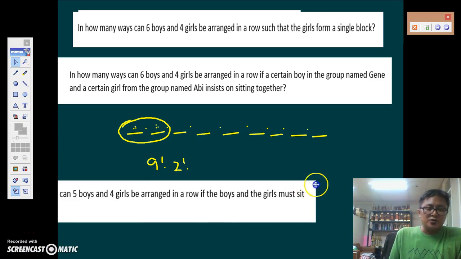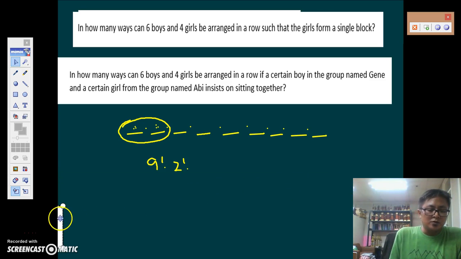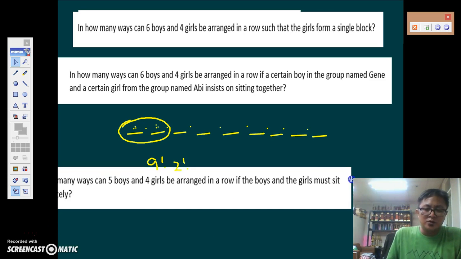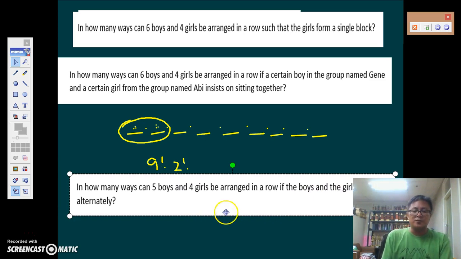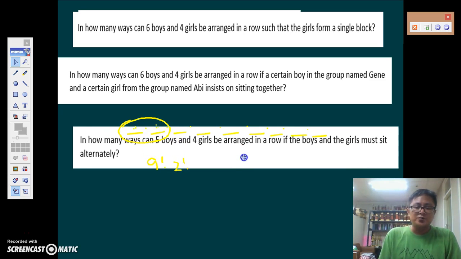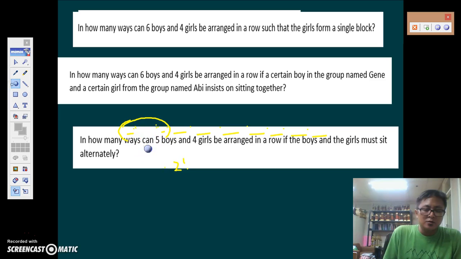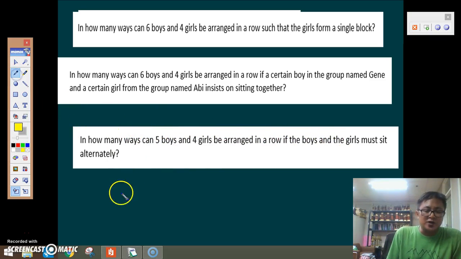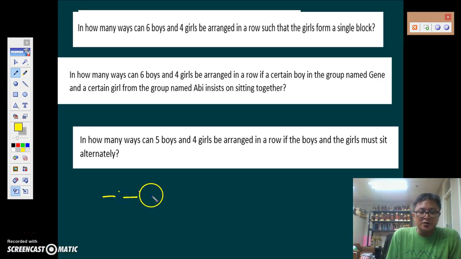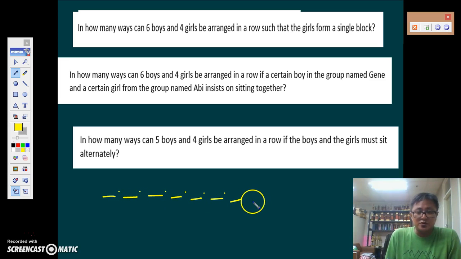But this last one, okay. In how many ways can 5 boys and 4 girls be arranged in a row if the boys and the girls must sit alternately? So if they sit alternately, so again, let's write the spaces to represent the positions: 2, 4, 6, 7, 8, 9, 10.